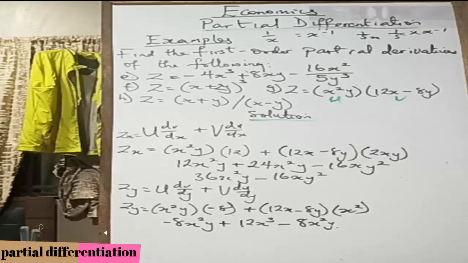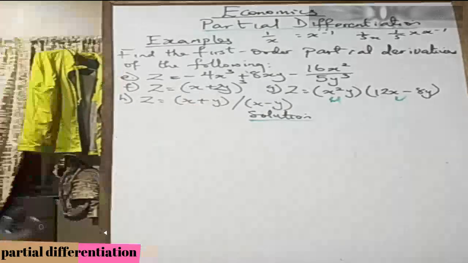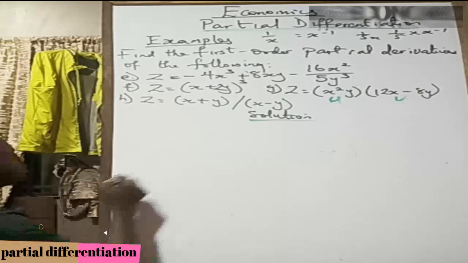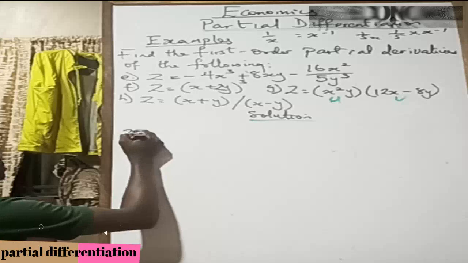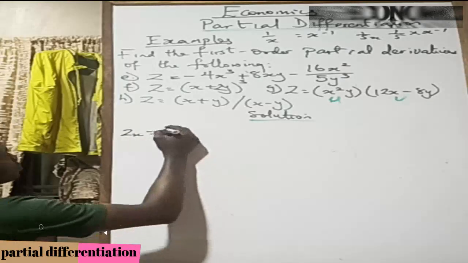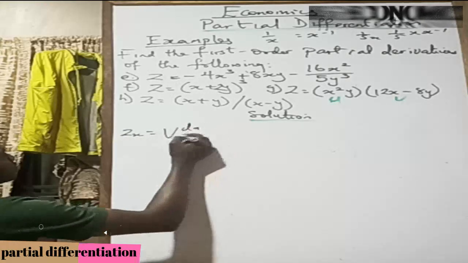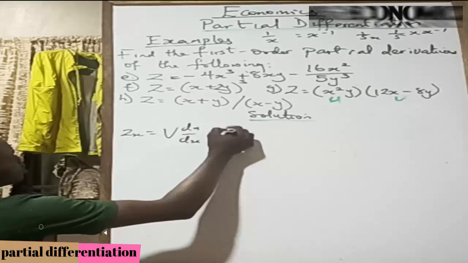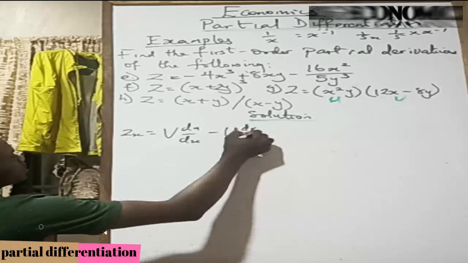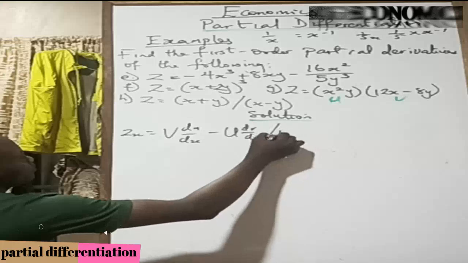Alright, so if you want to do the second derivative, you go on and on like that. So that's simple. That being said, we're now moving to the next one. Since the last one is a fraction, the rule to solve that is the quotient rule: v du/dx minus u dv/dx, divided by v squared.